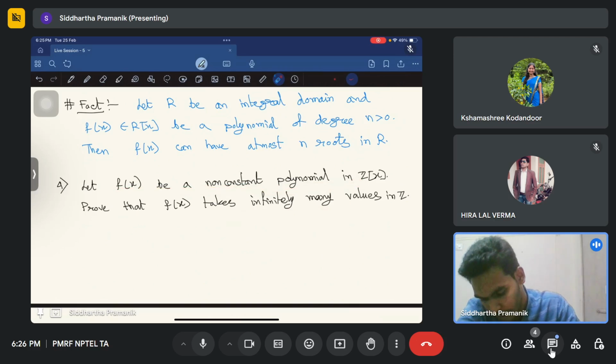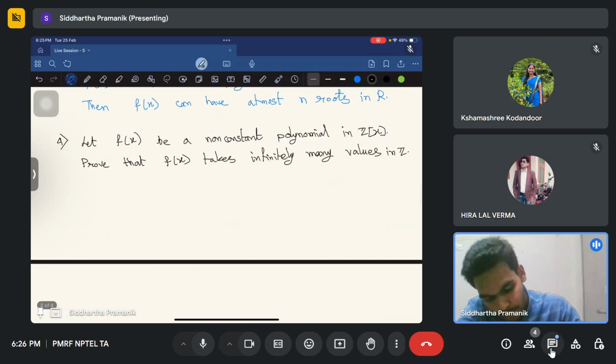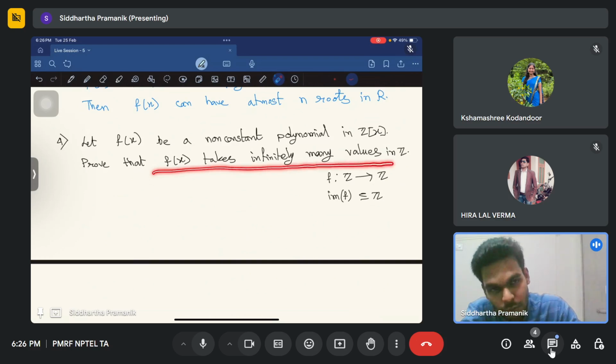So what does it mean? So f is a polynomial, right? So we can treat f as a function from Z to Z, so then the image of f is a subset of this codomain Z. So f(x) takes infinitely many values in Z. That means this image of f must be infinite.